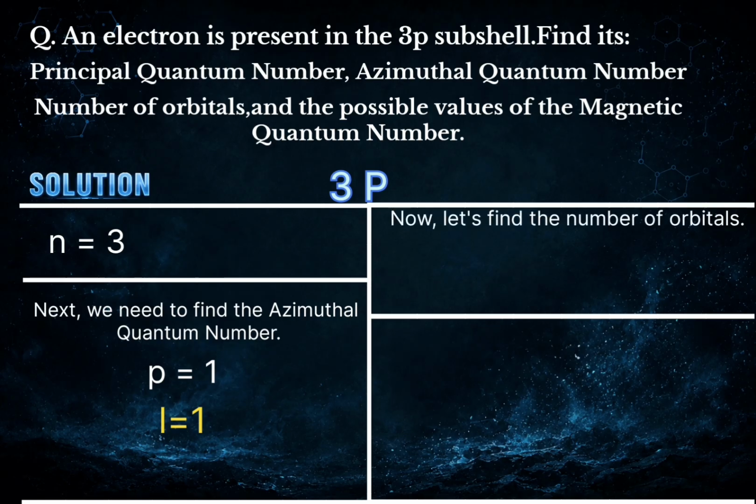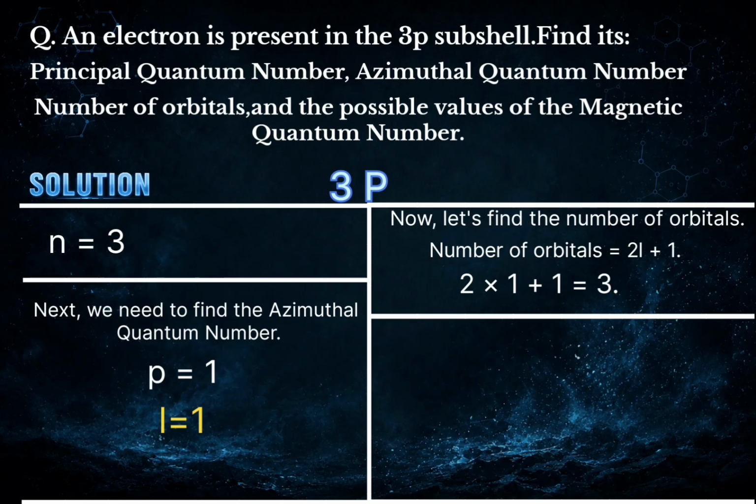Now, let's find the number of orbitals. We use the formula: number of orbitals equals 2L plus 1. Substitute the value of L. 2 times 1 plus 1 equals 3. So the 3p subshell has 3 orbitals. Finally, let's find the possible values of the magnetic quantum number. For a p subshell, the value of L is 1.